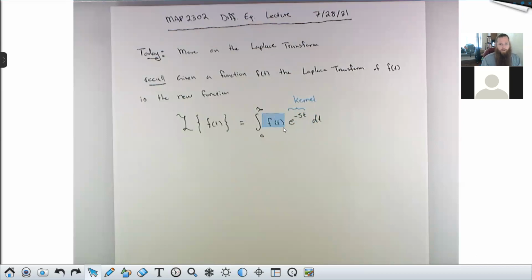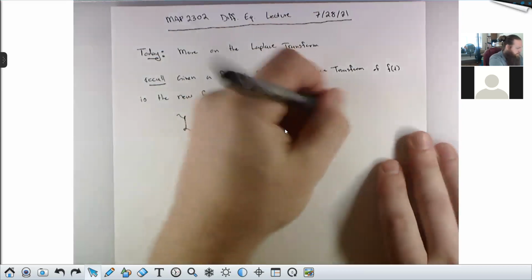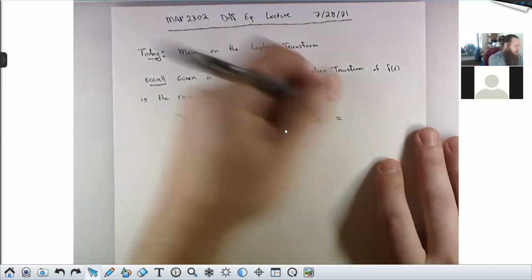Every output value from the function f is getting multiplied by e to the negative st, and then added up over the whole domain of f, from 0 to infinity at least. So it's very, very similar. The f of t's here are doing the same sort of thing that the a_n's do in a power series. One consequence is that the output is not a function of t.